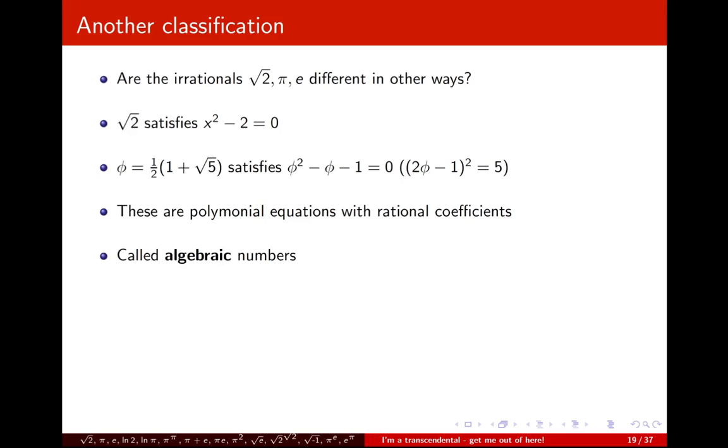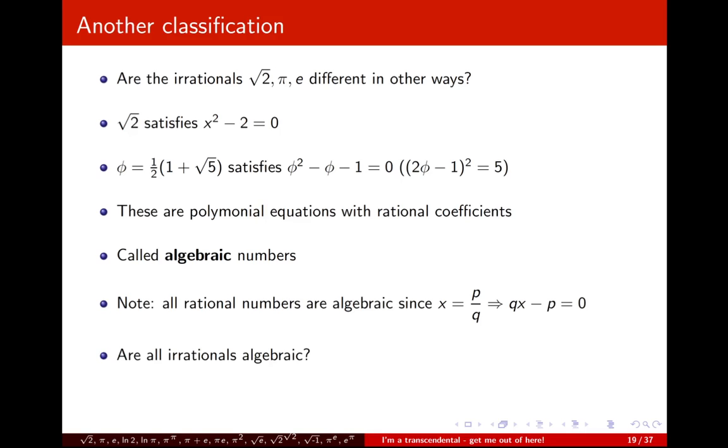Any number which is a solution of a polynomial equation with a rational coefficient, including where it has integer coefficients, is called an algebraic number. Note that rational numbers are also algebraic because they are solutions of qx minus p equal 0 if x is that rational number of the form p divided by q.